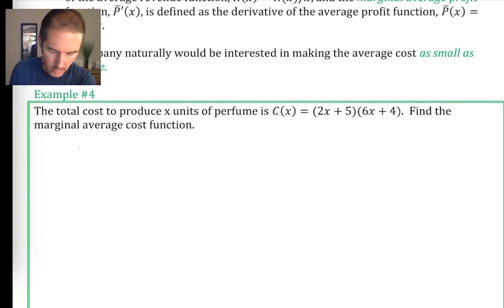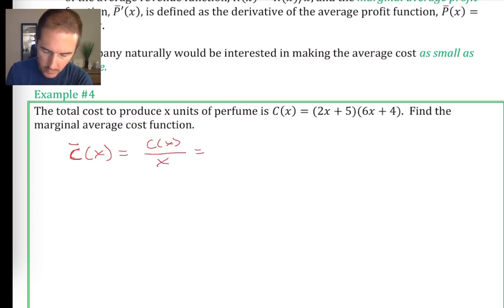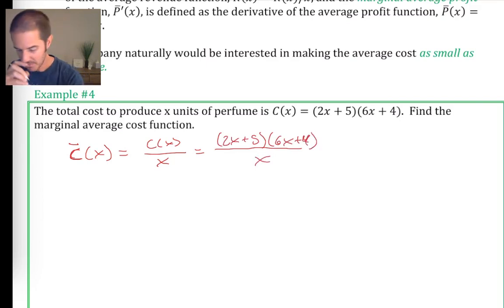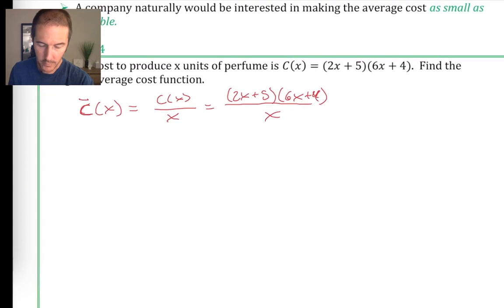So the average cost is equal to the cost function divided by the number of items, which is 2x plus 5 times 6x plus 4, all divided by x. And then the marginal average cost function is the first derivative of this.